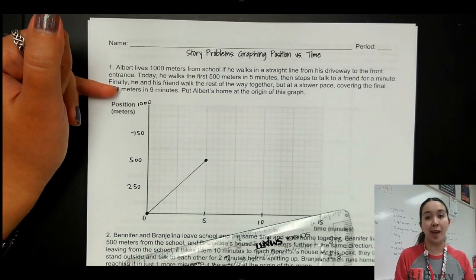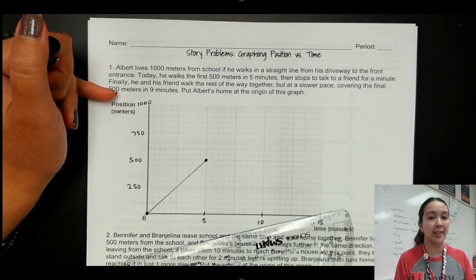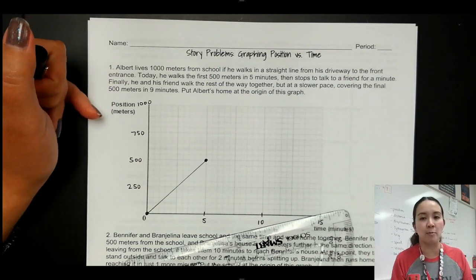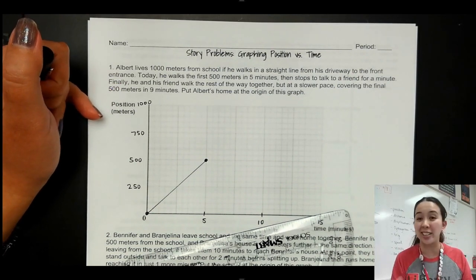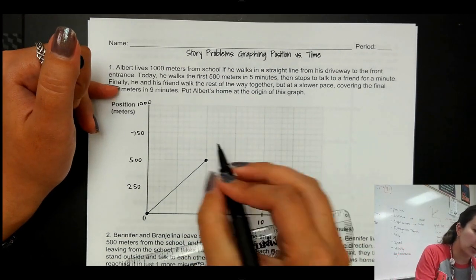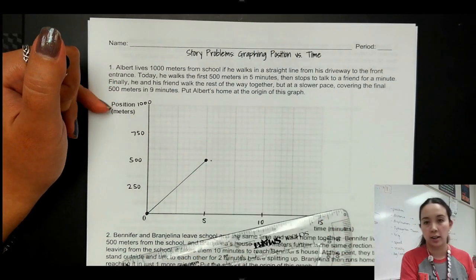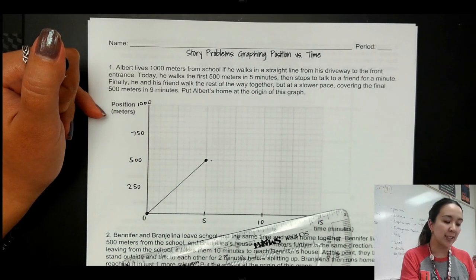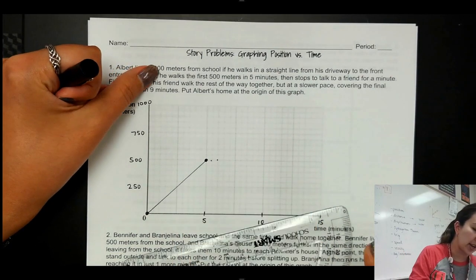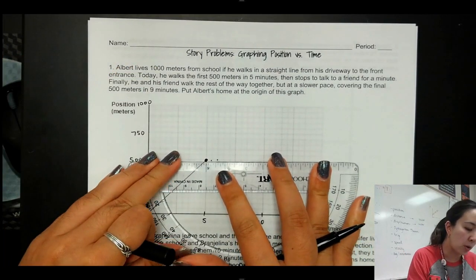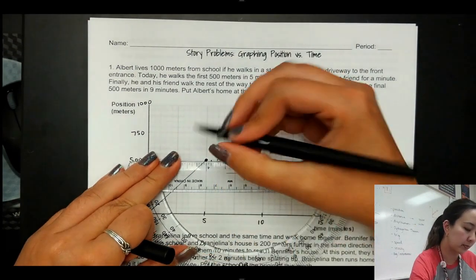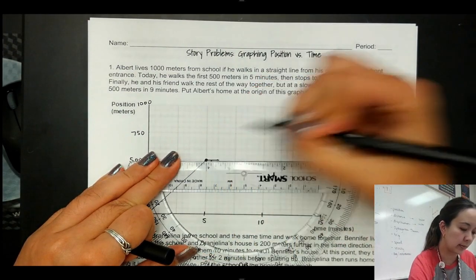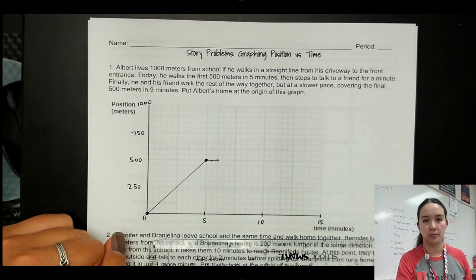If I ask you, where is Albert right now at the 5.5 minute mark? Well, Albert's not going to teleport or anything. He should still be there. And so he's there for a whole minute. So that's going to be a horizontal line segment, like so.